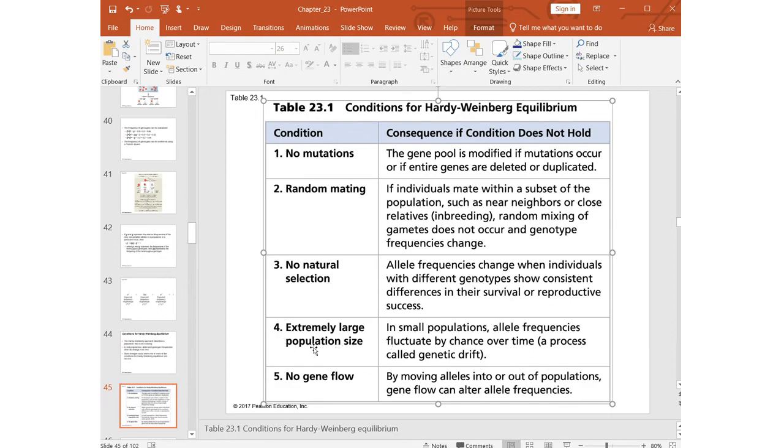They have to have a very large population size, and if the population size is small, then allele frequencies can change over time, and we'll see that later on in the chapter. And there's a condition of no gene flow, because what they mean by gene flow is alleles moving in or out of the population, and that could change allele frequencies in that population.